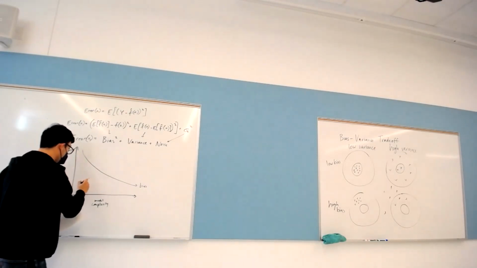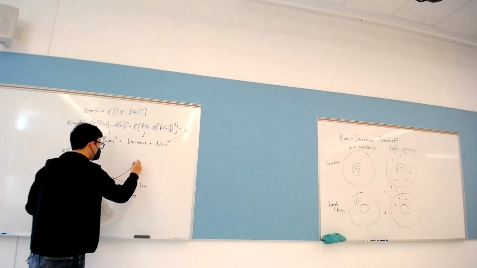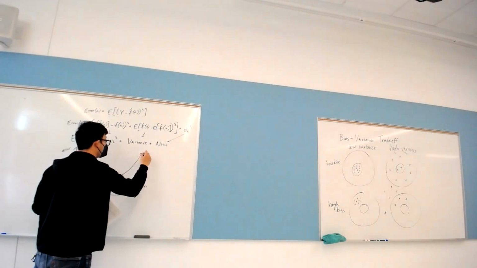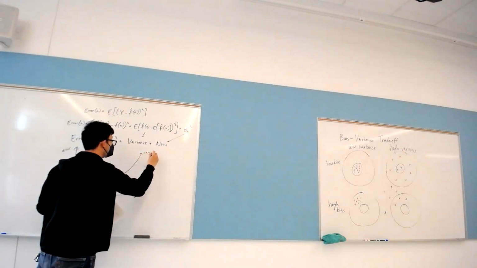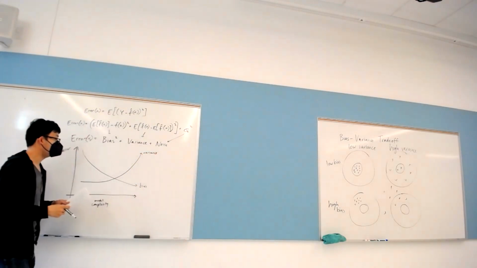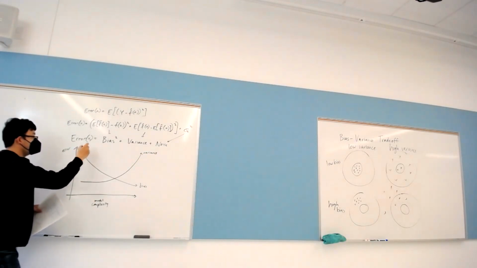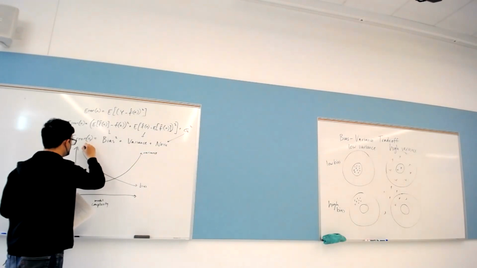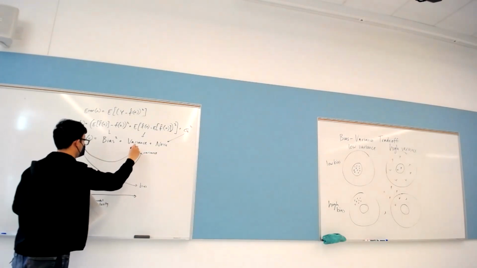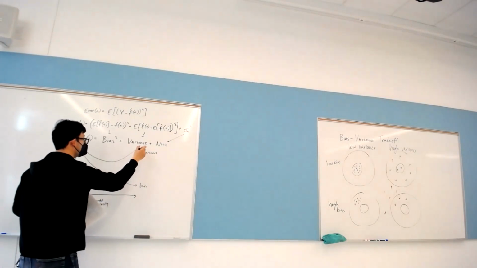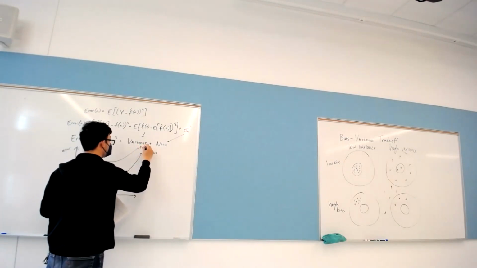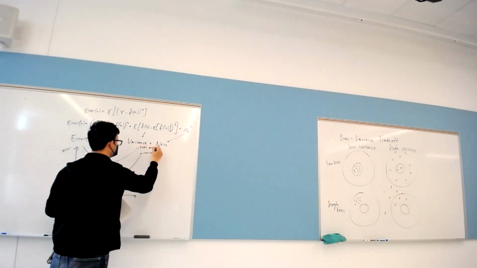However, the variance will increase in this sort of way. Okay, and so here you have a total error term that looks something like this. So this is my total error.